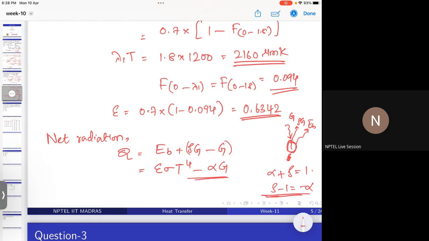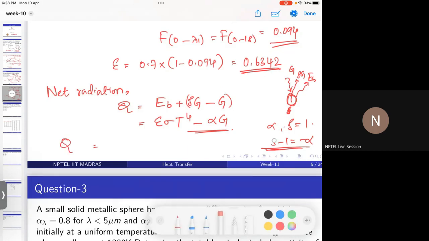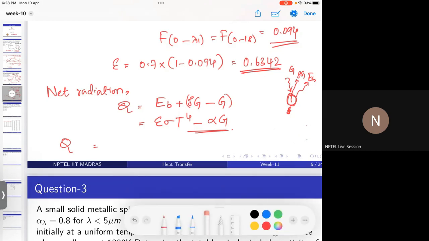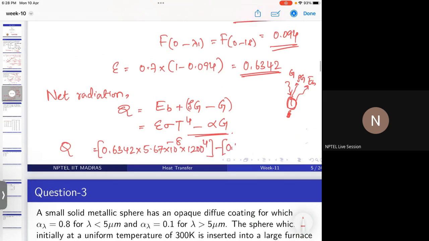So can you please find out what this answer is? Q is equal to, the emissivity we already found, which is 0.6342 into epsilon sigma T to the 4 minus alpha, which is 0.48, times the total.